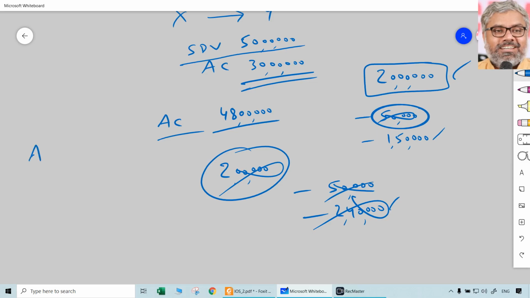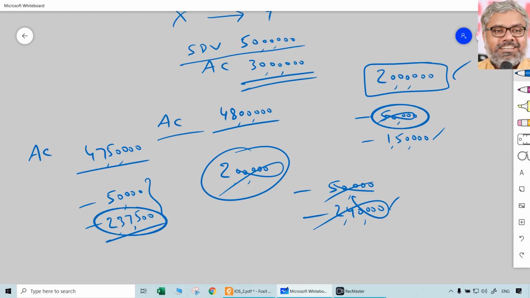Like this, any example can be taken. Imagine if actual consideration is say 47,50,000. Then also the same. First you take 50,000, which is the standard amount. Then 47,50,000 into 5% means 2,37,500. Whichever is higher, 2,37,500 is higher. We have to check that with the inadequacy.